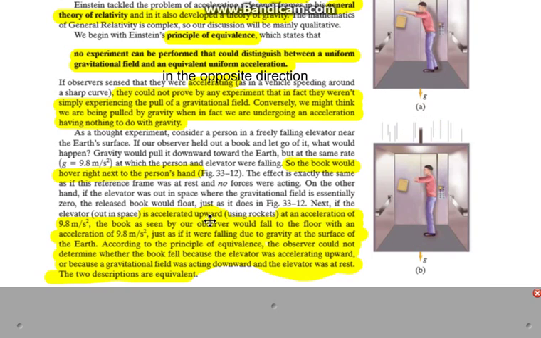So if you're accelerated upward at 9.8 meters per second squared, the book, as seen by the observer, would fall to the floor with an acceleration of 9.8, just as if gravity was operating in the opposite direction. So according to the principle of equivalence, the observer could not determine whether the book fell because the elevator was accelerating upwards or because there was a gravitational field pulling downwards.